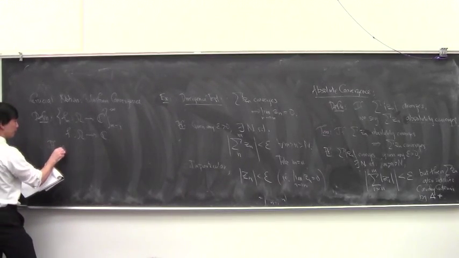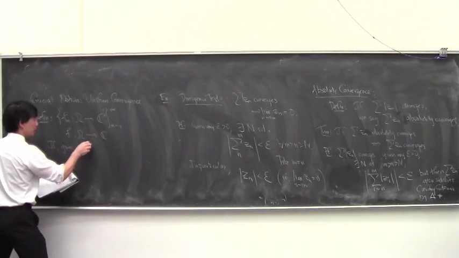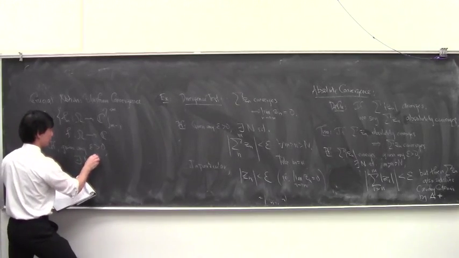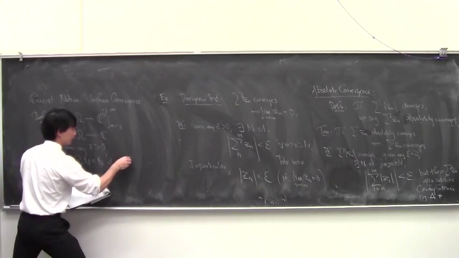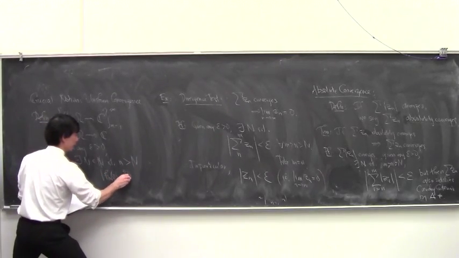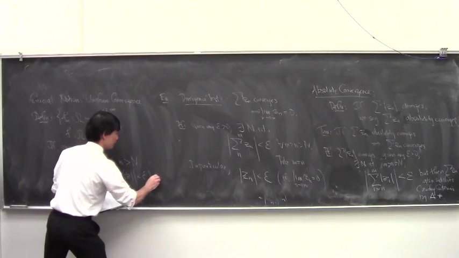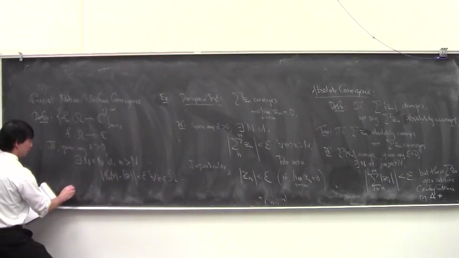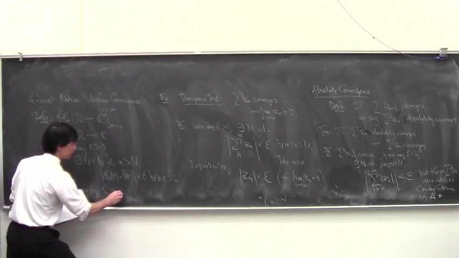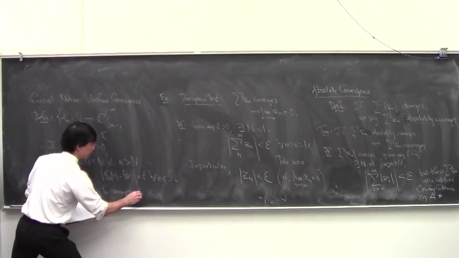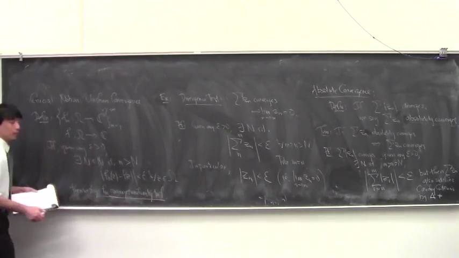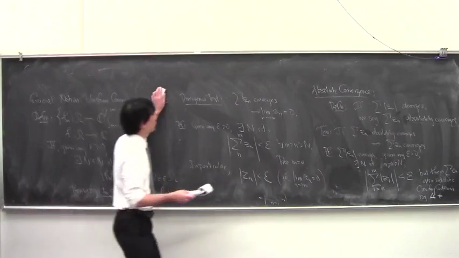If, given any epsilon, there exists a time such that past that time, fn of z minus f of z is smaller than epsilon for all z in your domain, then we say f sub n converges uniformly to f. Okay.